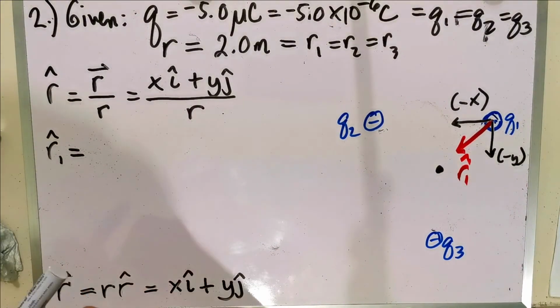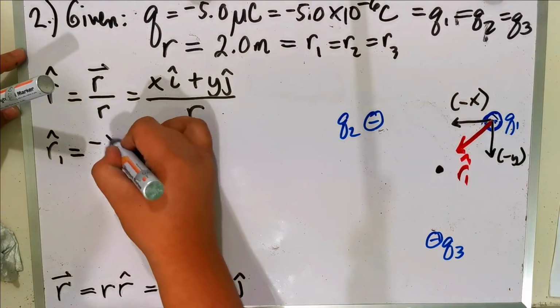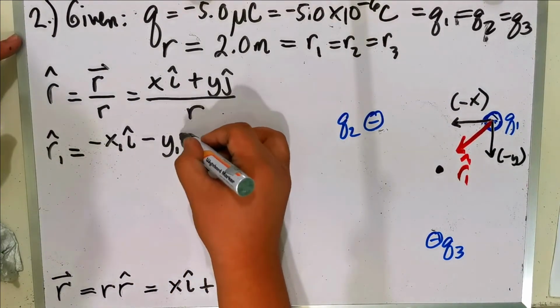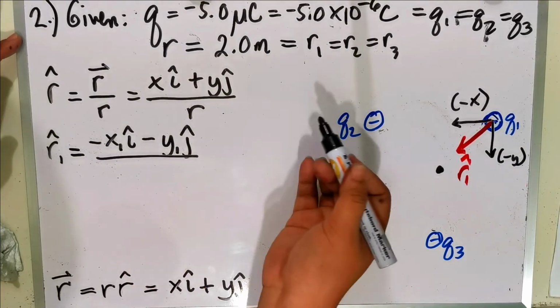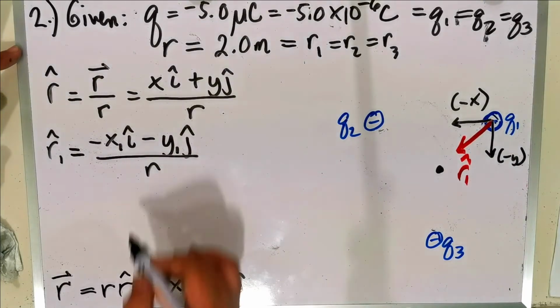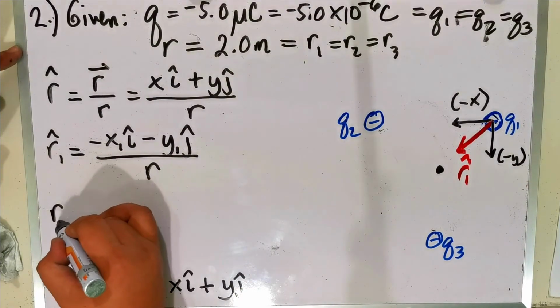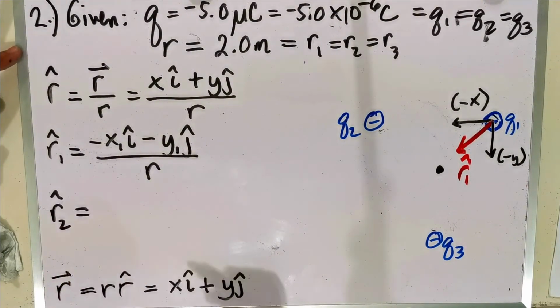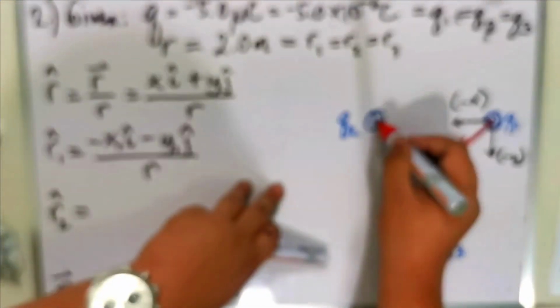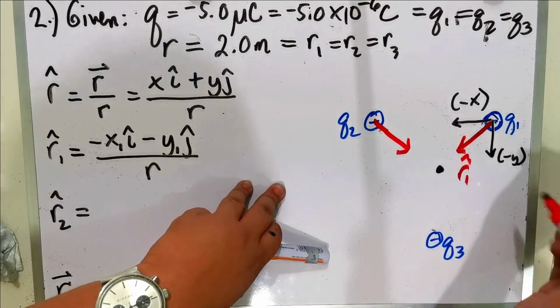So that would be negative x sub 1 I hat minus y sub 1 J hat, all over r sub 1. But r sub 1 is simply r, so this is simply r here. And then for our r sub 2 hat, looking at q sub 2, the r2 hat is toward here, since it points toward the field point.